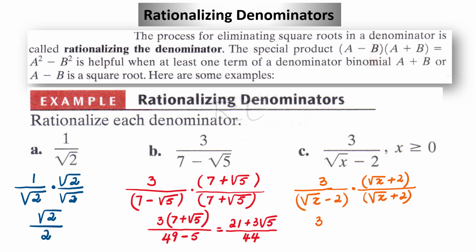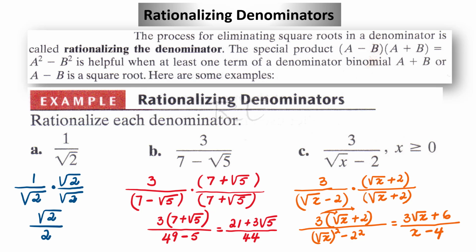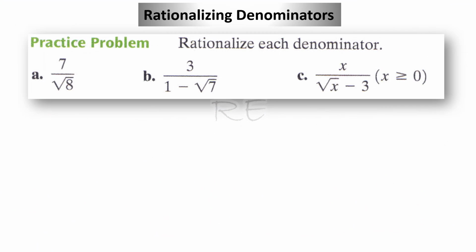The numerator becomes 3 times square root of x plus 2, and the denominator a difference of two squares, square root of x squared minus 2 squared. 3 times square root of x plus 2 is equal to 3 square root of x plus 6 divided by square root of x squared, which is x minus 4.